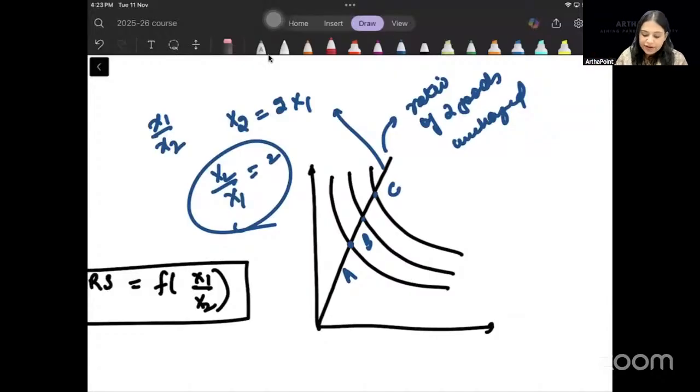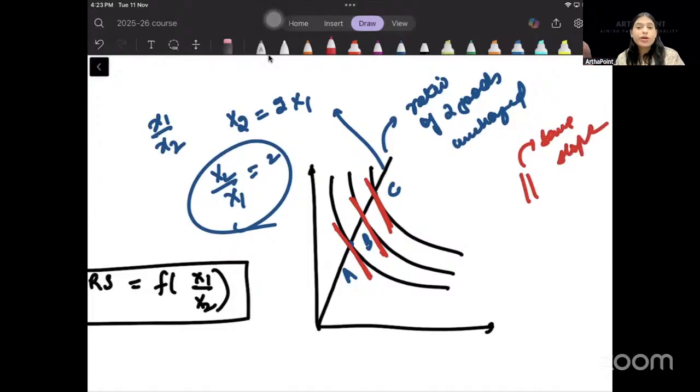Now here, if I find the MRS, what is MRS? MRS is the slope of the indifference curve. So if I find the MRS here and I get the MRS to be the same, how will the MRS be the same? How will I show it? Meaning these lines are parallel, because parallel lines will have the same slope. So if the MRS is the same, if these lines are parallel to each other, then we can say that this is a homothetic function.